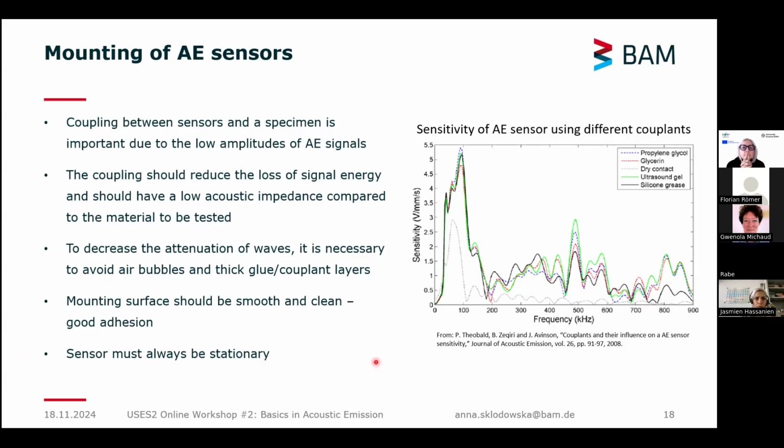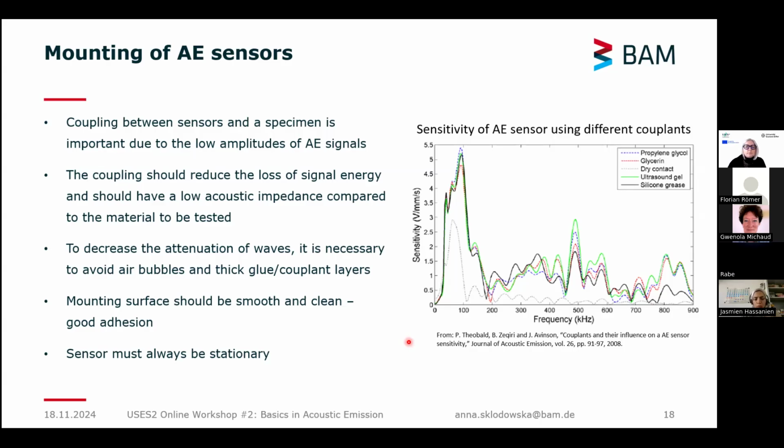If we want to avoid attenuation of the signal, it's necessary to avoid air bubbles or thick glue couplant layers. Also, the surface before mounting the sensor should be smooth and clean to ensure good adhesion. And one of the most important things is that acoustic emission sensors have to always be stationary.